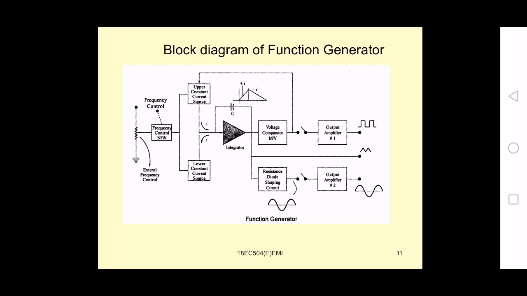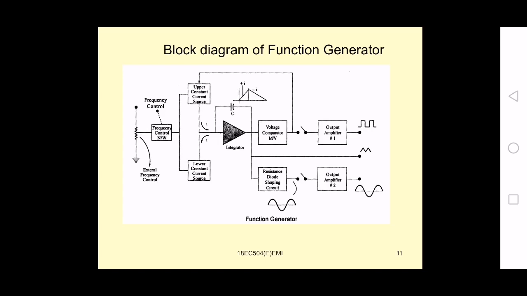So that is connected to the voltage comparator, or multivibrator, or you can call it a Schmitt trigger. And the same one is again connected to the resistance diode shaping network, and two switches for two outputs simultaneously.